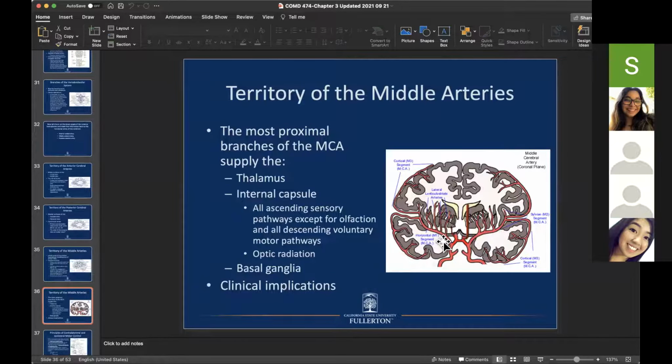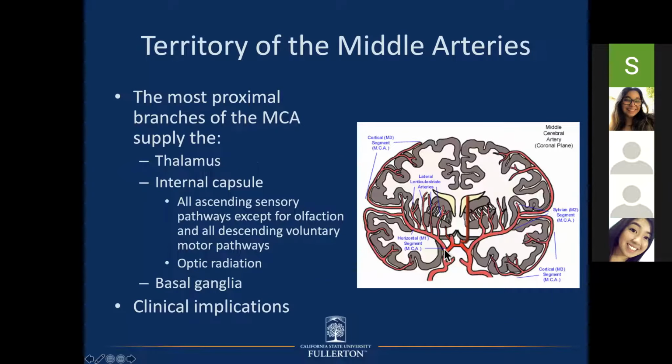Okay, this is the middle cerebral artery. Let me enlarge it so I can use a pointer here. So this is the middle cerebral artery branching off of the internal carotid. Down here would be the internal carotid. This is the anterior carotid. It's not a good image of it, but there it is.